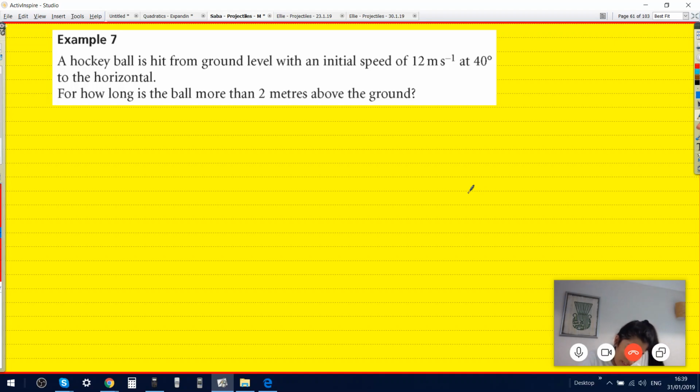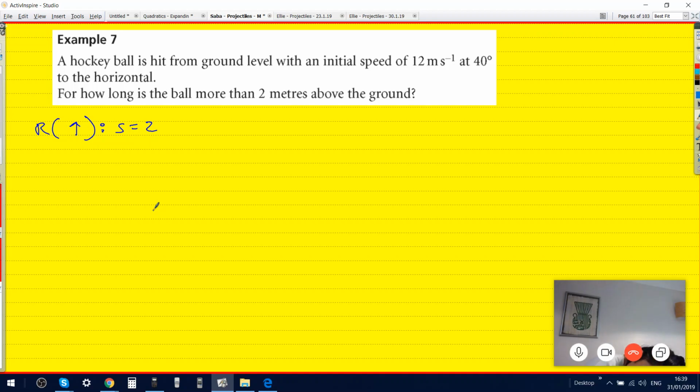We will know when it's at 2. Why don't you just work out everything and find out when it's 2? Yep. When y equals 2. Yes, and the way you would say that is resolving vertically, s equals 2.